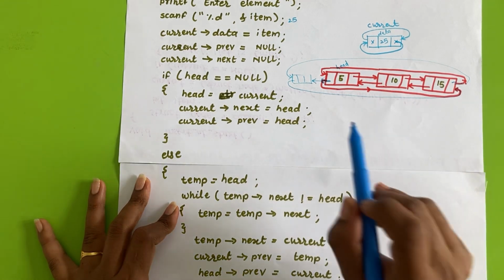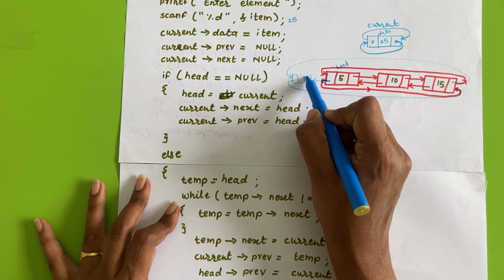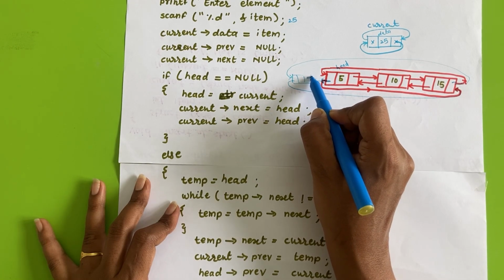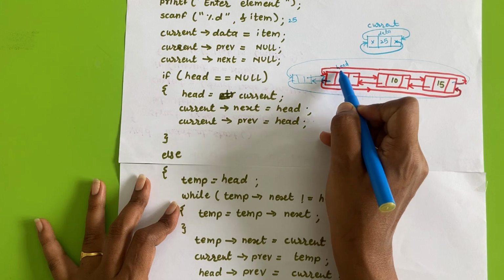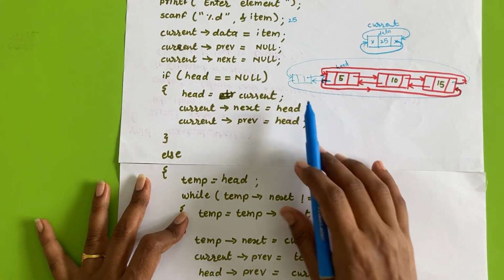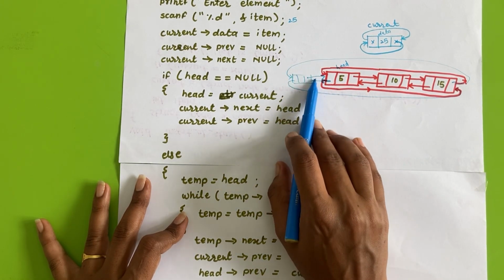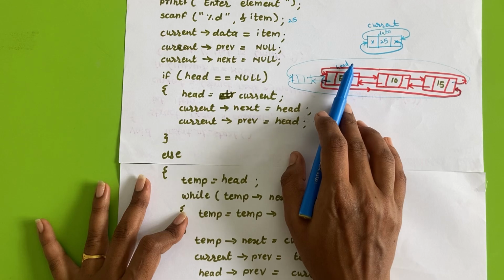Okay, and also the next field of the newly added node will point to the previous head. Okay, and after all these assignments, we have to assign this newly created node as head node.